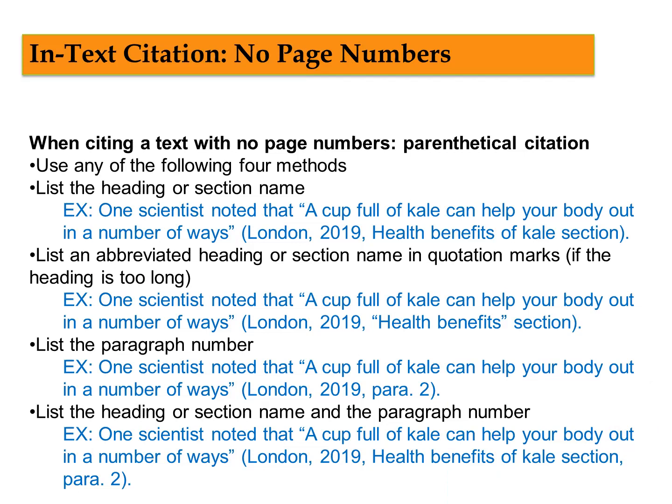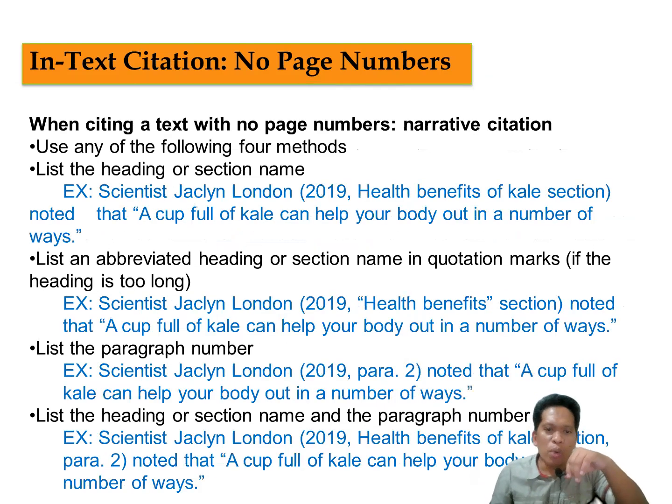Okay? You have there the author's name, comma, 2019, then you have there the section name or the heading name, then comma, then put para, period, 2, or paragraph, no? And then no page numbers.